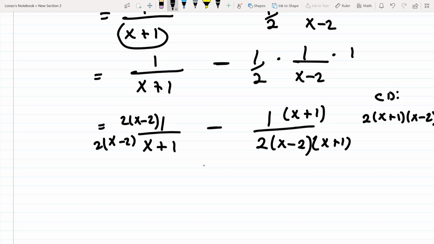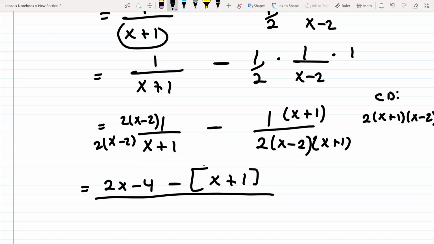Okay, so when you clean this up, this is going to be 2x minus 4 minus bracket, and then this is just x plus 1, all over the common denominator, which is 2 times x plus 1, x minus 2.